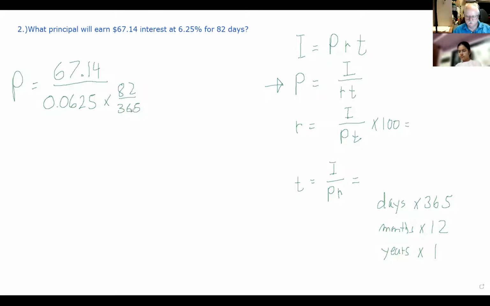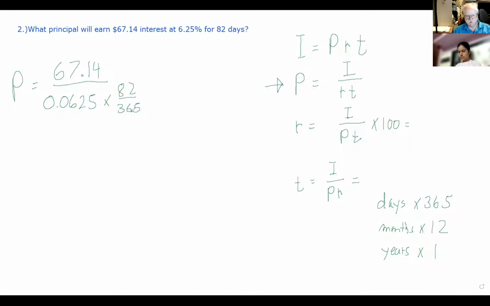So when you get this in your calculator, I'm going to start with the 82. 82 divided by 365, then times the 6.25%.